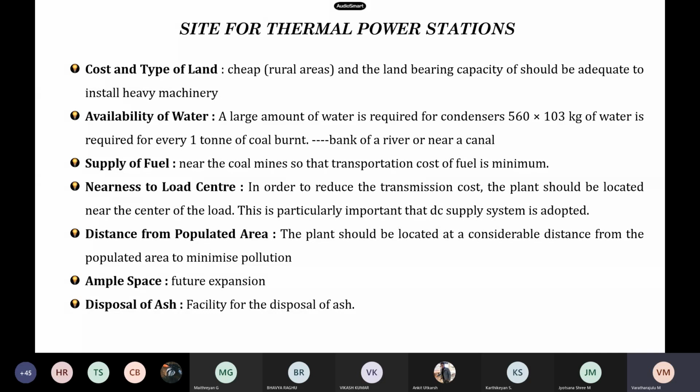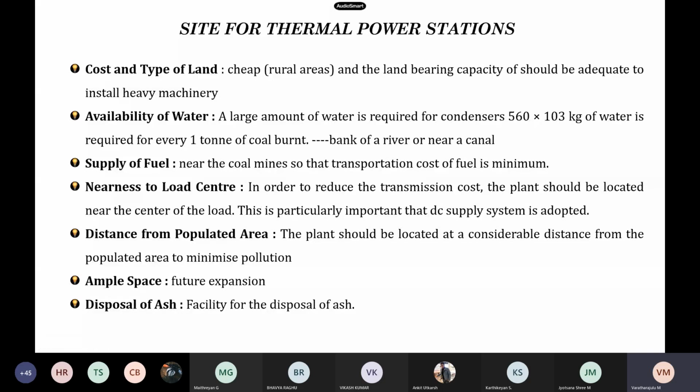The plant should be located near the load center, and in particular, it is very important that a DC supply system is adopted. At a later stage it was converted into AC, and the output from the generator should be DC. And the distance from the populated area: the plant should be located a considerable distance from the populated area to minimize the pollution.